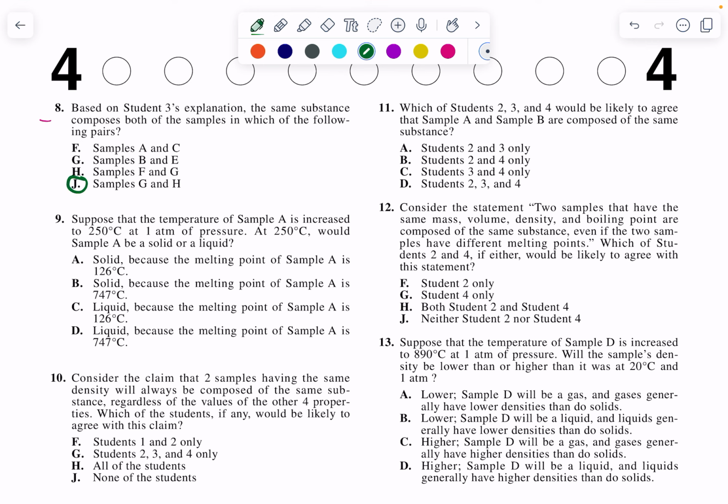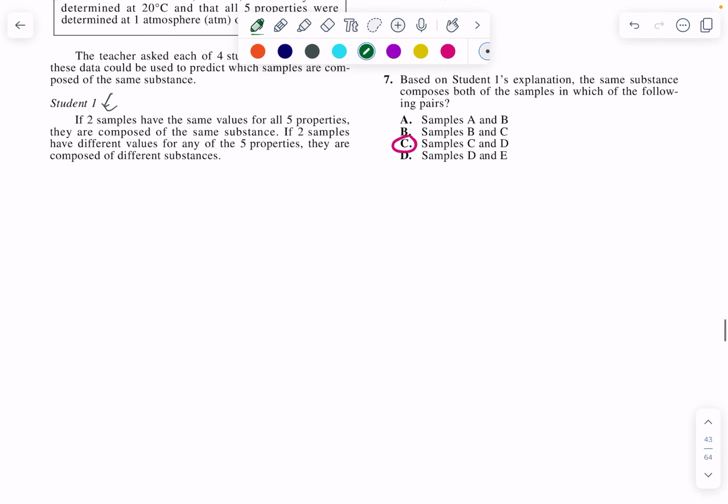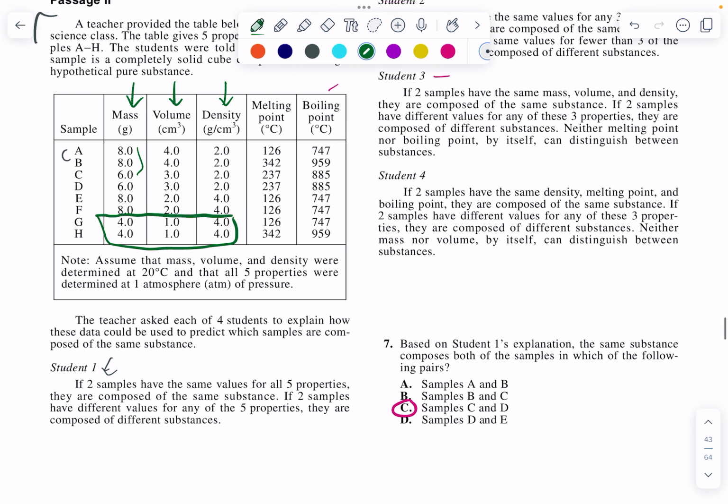Okay. Now, number 9, suppose that the temperature of sample A is increased to 250 degrees at 1 atmosphere of pressure. At 250 degrees Celsius, would sample A be a solid or a liquid? Okay, so this one now is looking straight at these melting points and boiling points.